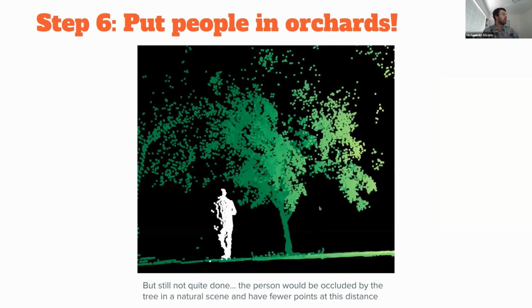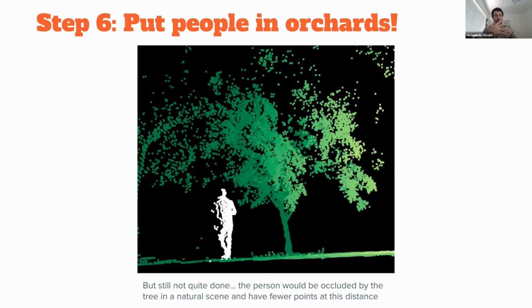And so we basically have a nice set of points now in our final scene, but we're still not quite done. The reason is the person would be occluded by the tree, in this case, in a natural scene, and they would also have fewer points when they're further away. With a LiDAR, it's shooting out beams, some rotate and some are static, but basically they all shoot out a bunch of beams that will bounce off objects and come back, right?